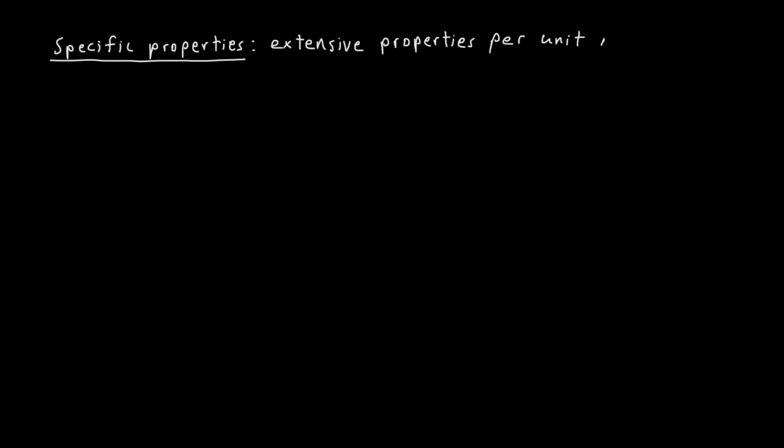And now a subcategory of properties are specific properties, and these are simply extensive properties per unit mass. So for example, a specific property is a measurement known as specific volume, denoted by lowercase v, which is simply volume per unit mass, capital V divided by m.